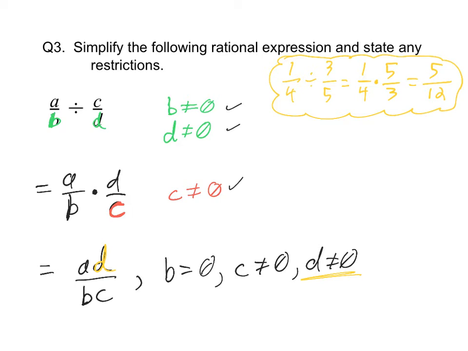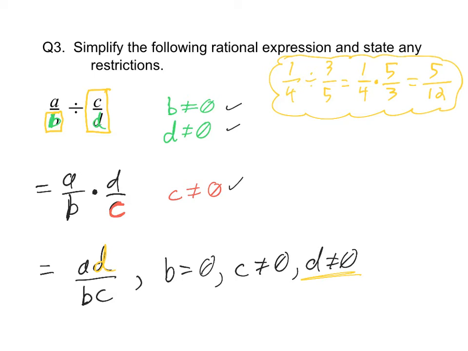So you have to be quite cautious when you are dividing rational expressions, because both the numerator and the denominator of the expression that you are dividing are going to produce restrictions, whereas in this original fraction of a over b, only the denominator would produce restrictions.